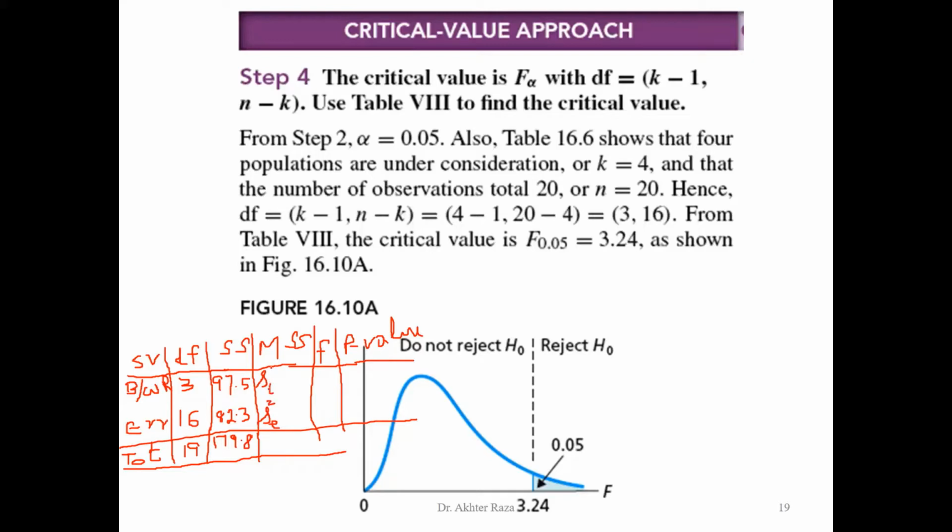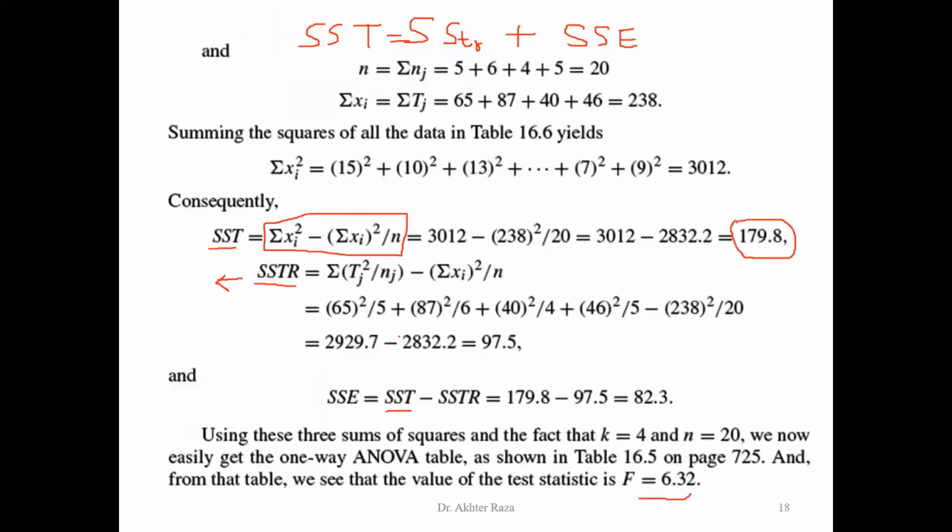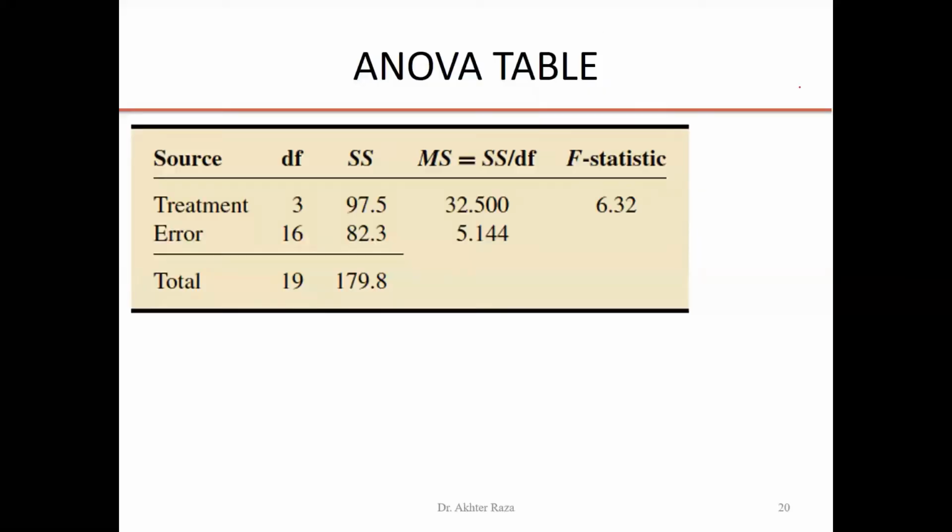Now this can be computed by 97.5 divided by 3 and 82.3 divided by 16. So these two numbers are to be substituted here. Now the complete analysis of variance table is shown here.